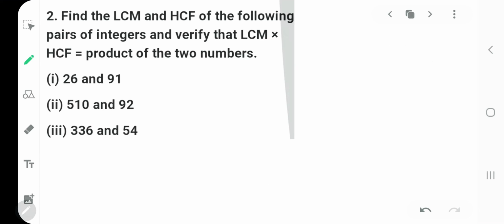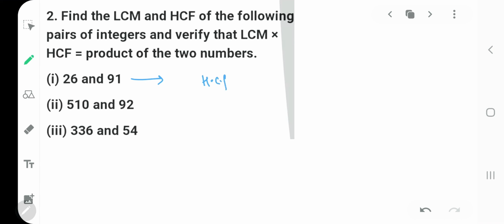Next we have, find the HCF and LCM of the following pairs of integers and verify that LCM into HCF is the product of two numbers. You know very well that HCF and LCM हम कैसे find करते हैं, ठीक है? Now we have 26 and 91. So you have to first find the HCF and your LCM of both the numbers.